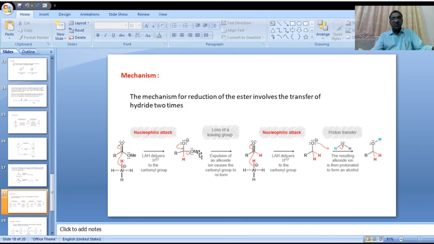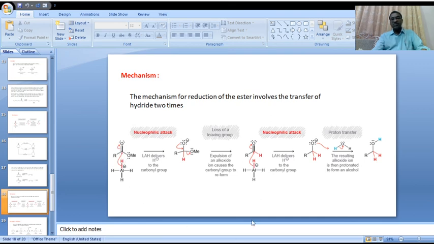This particular leaving group is removed from the intermediate. Loss of leaving group here. This is the extra step. We discussed the last reaction also the same, but here LAH attacks two times, hydride ion transfer two times, H minus ion attacking the carbonyl carbon.